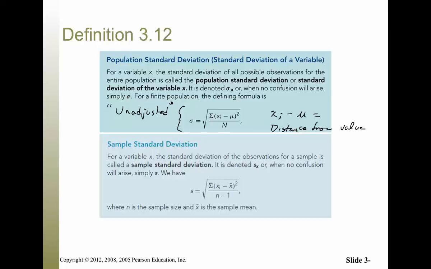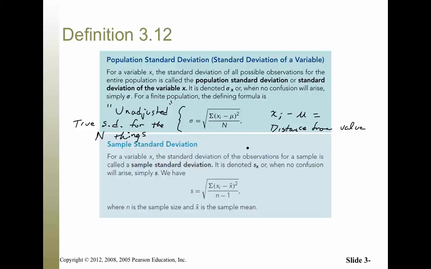So it is the true standard deviation for whatever n number of things you have. It's truly this average distance from the mean, or average distance squared from the mean, square root, okay?